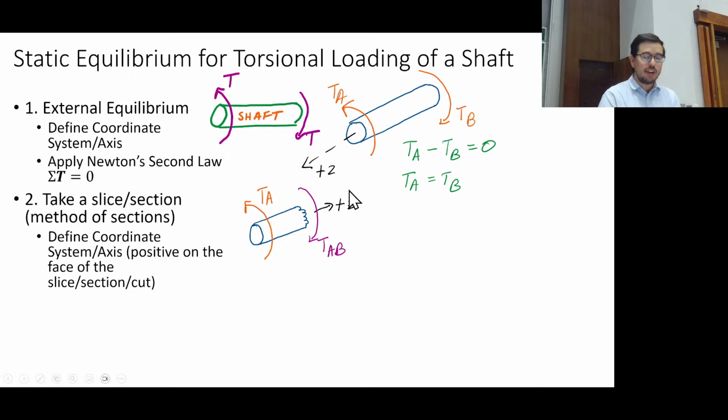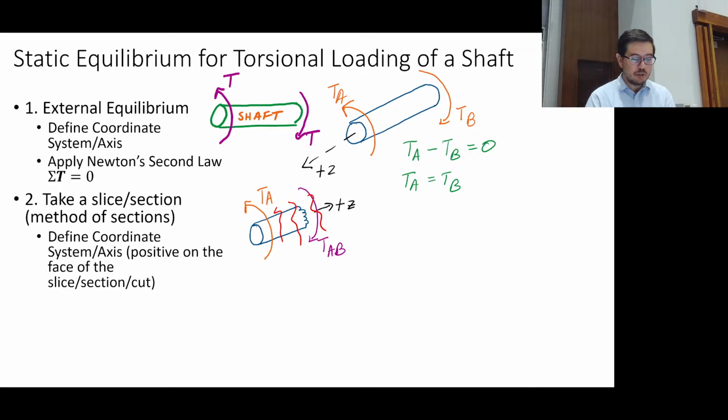Jay. Okay, so what Jay is asking, I think now, maybe I'll get it right this time, is if I took the slice here versus here versus here, all right, is there a change in the internal torque? The answer is no. Okay? There is not a change in the internal torque until we get to another external load.